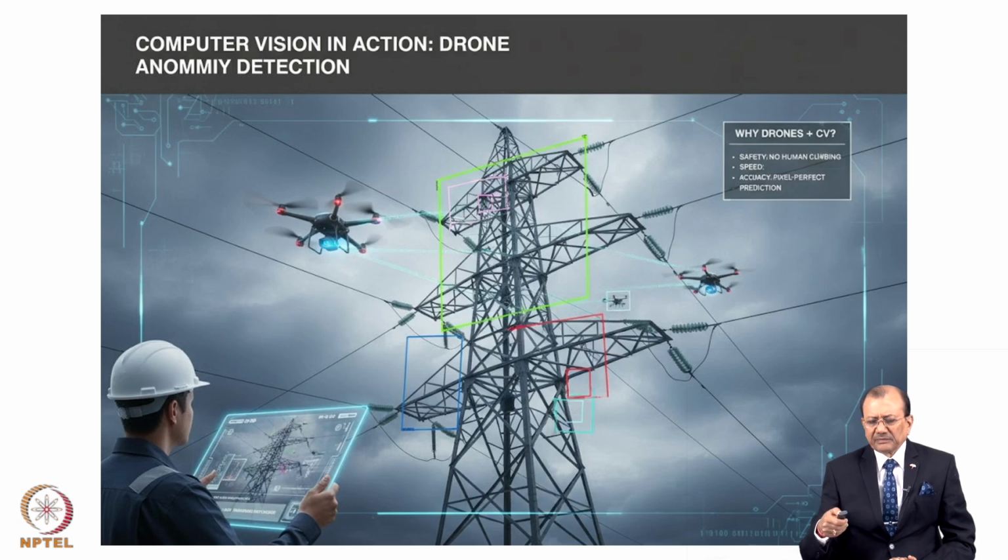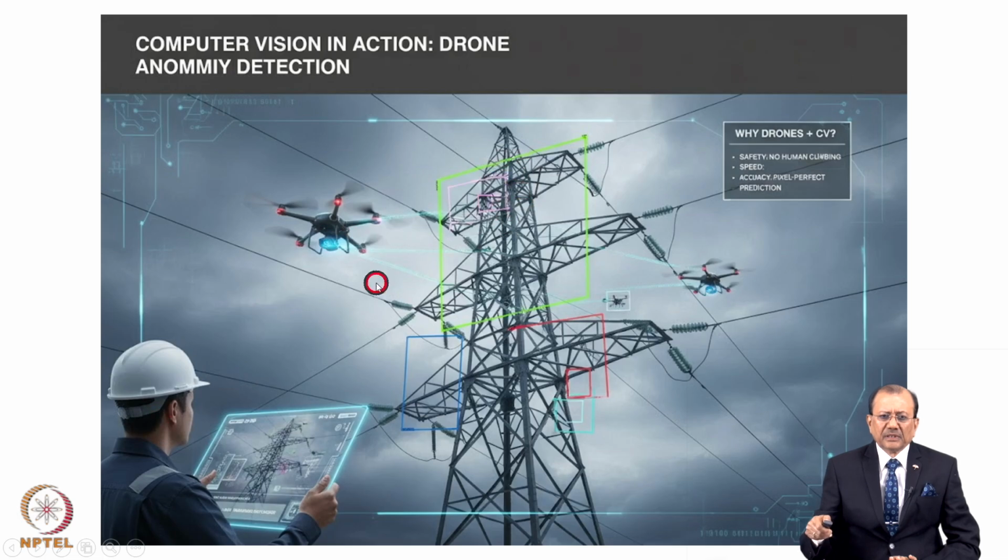The high-rise tower has developed some fault. This electric tower has developed some fault. It is very difficult for a person to climb, and electricity is running in the tower. So nowadays, technicians or companies make use of drones attached with a computer vision camera, and the camera is directed to the area where there is a likely fault, and it takes the picture, tries to understand what the fault is, and communicates to the ground.